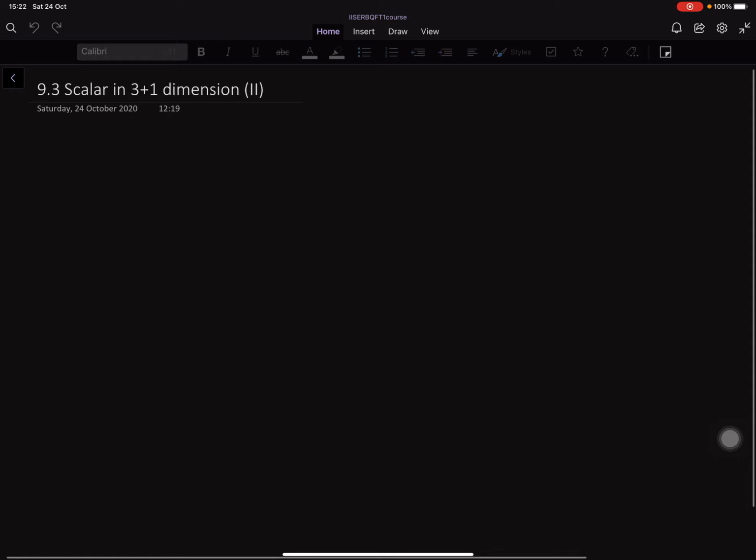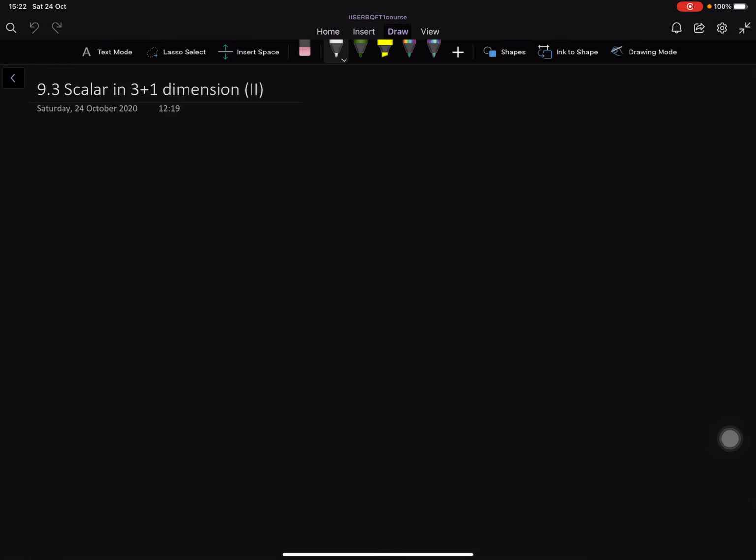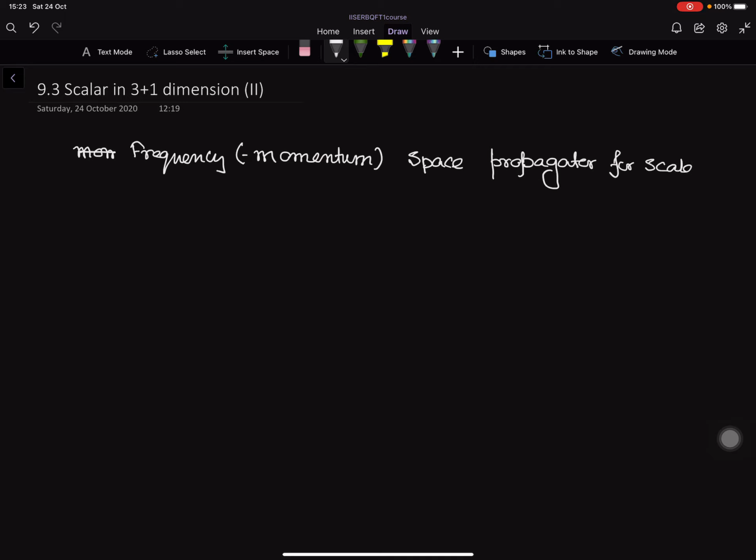So the momentum space propagator, also called the frequency space propagator, for the scalar field is minus i by h bar over p square plus m square minus i epsilon, where p square is p mu.